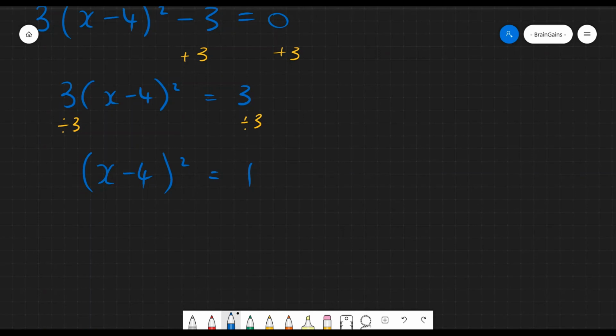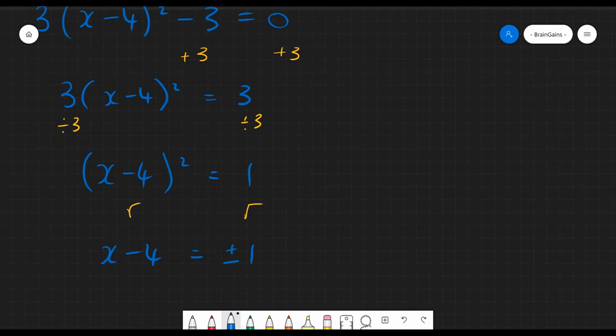Then we square root both sides. Now, be careful when you're square rooting a constant term, because when we square root the left-hand side, we get x minus 4. But when we square root 1, the square roots of 1 are plus or minus 1.